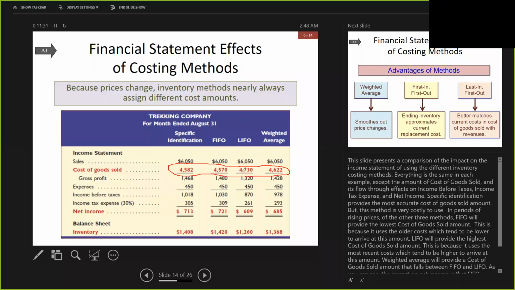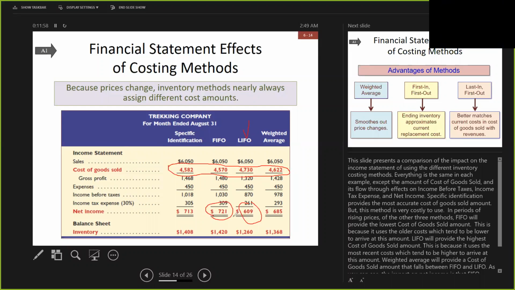That's why I say there can be some companies that use LIFO, and it might be to their benefit, and that's why they chose it. But in this case, LIFO had a pretty high cost of goods sold, which affects the bottom line, as we're going to see. So look how they ended up with the lowest net income. A lot of times the firm is looking to maximize the bottom line at this very point in time.